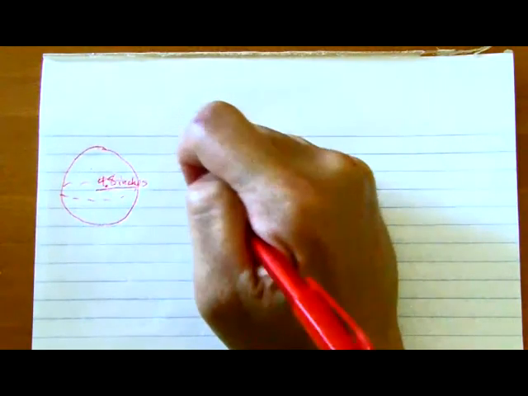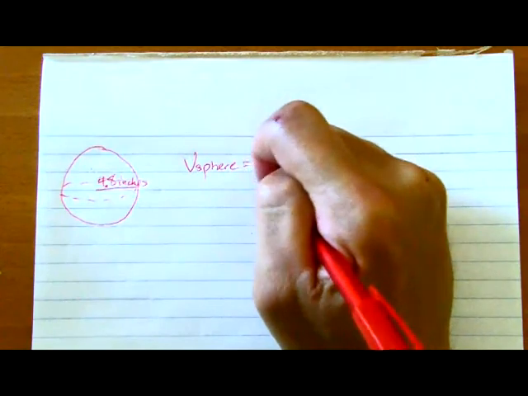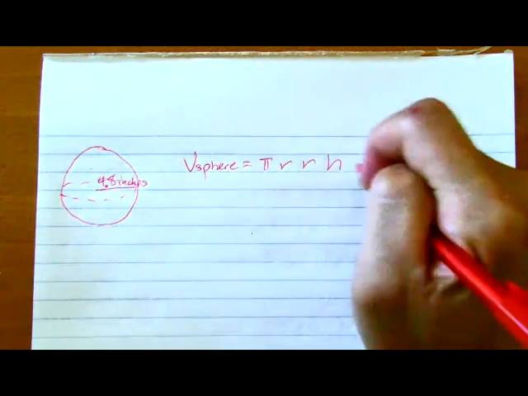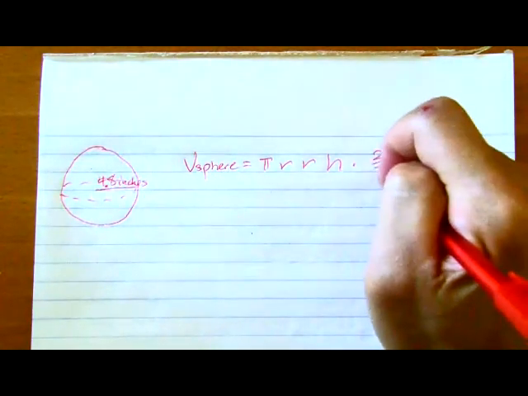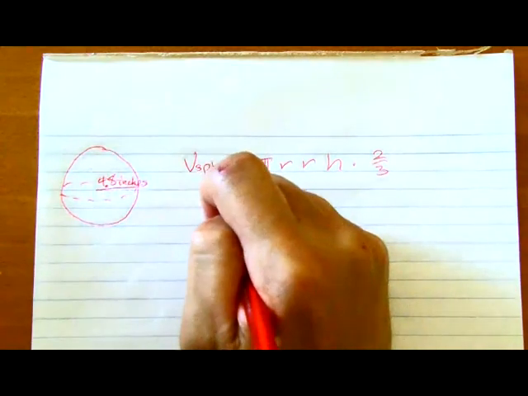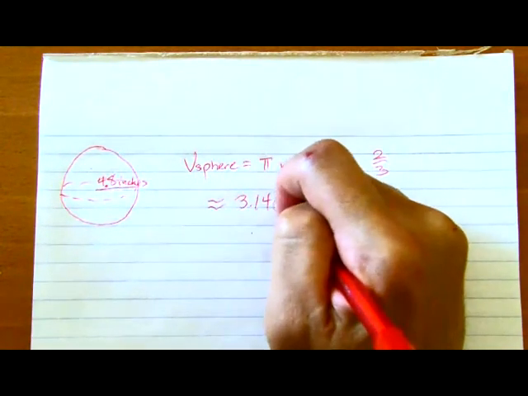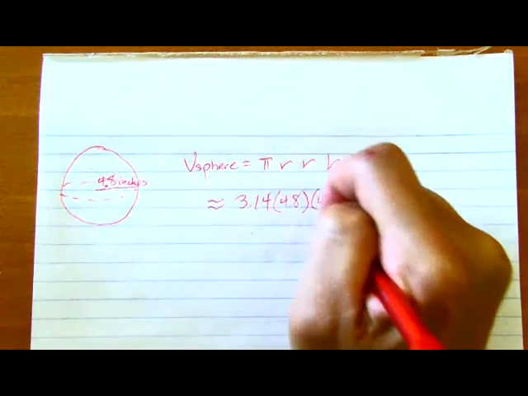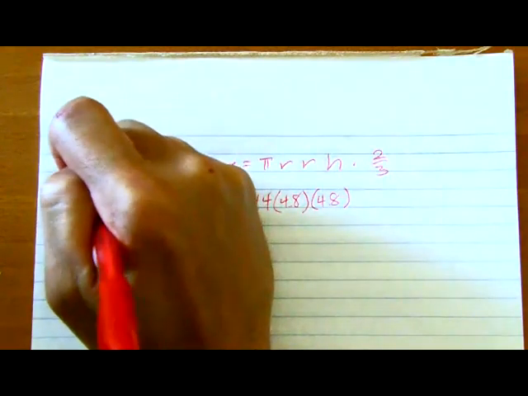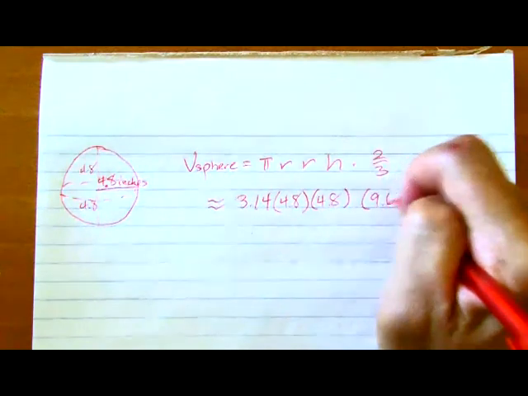So, volume of a sphere, pi times radius times height, and we want 2/3 of that, 2/3 of a cylinder. So times 2 divided by 3. So 3.14 times 4.8 times another 4.8. The height right here, that's 4.8 two times. So that would be 9.6.